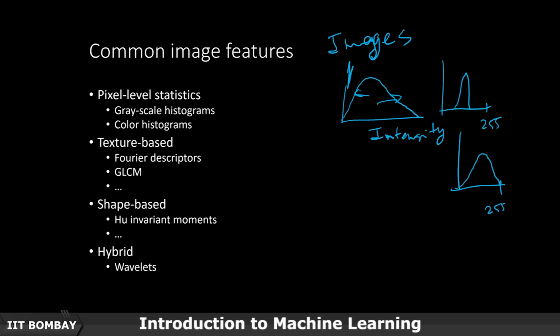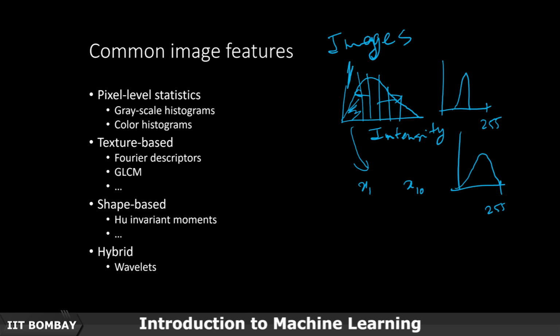We can divide this histogram into bins, and say, okay, I will divide it into 10 bins of range 25 intensity levels each, and whatever is the area in one bin, that will be feature number x1. Similarly, I will have feature number x10, the 10th feature for a 10 bin histogram.